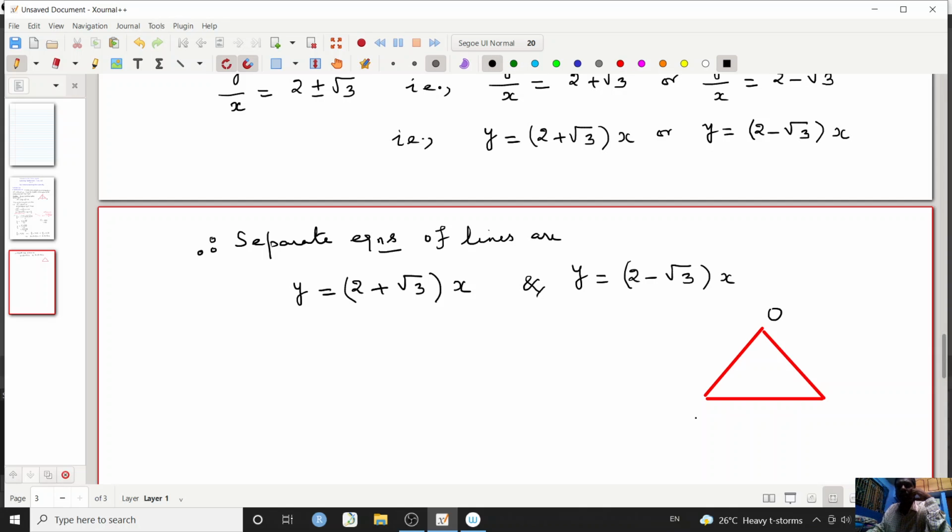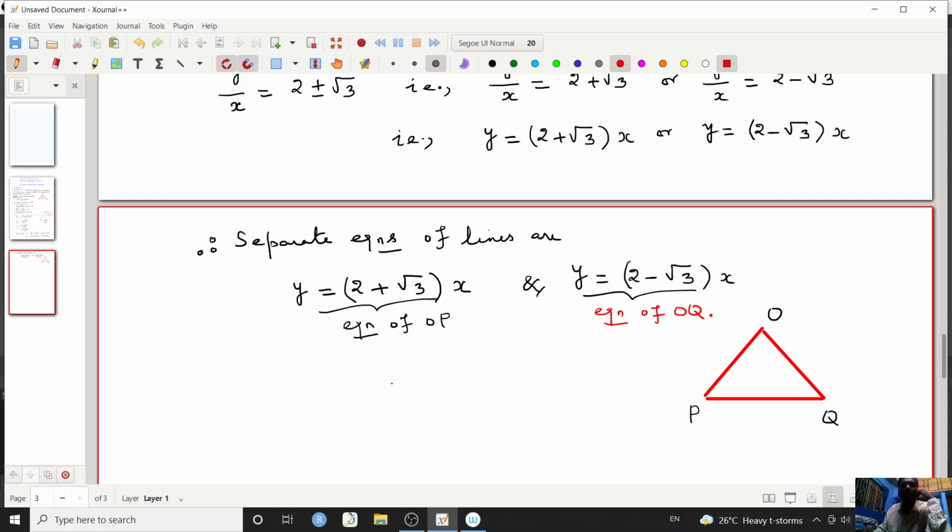So this is O, this is P, and this is Q. We have found that you can take this to be the equation of OP, and this line as the equation of OQ.